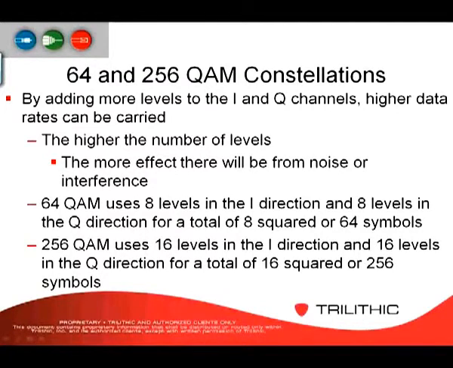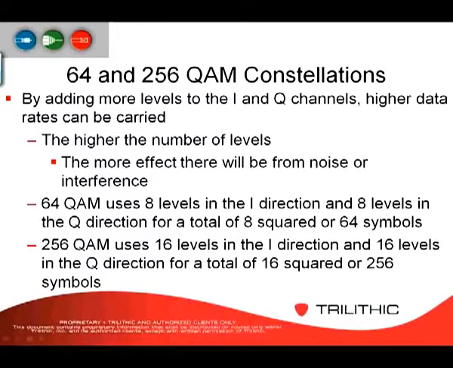By adding more levels to the I and Q channels, higher data rates can be carried. The higher the number of levels, the more effect there will be from noise or any other types of interference.